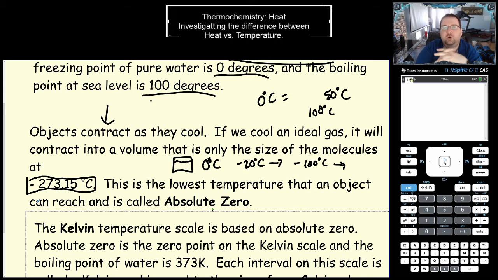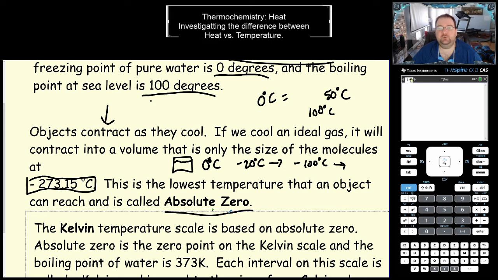They're so slow, they're no longer moving. That happens at absolute zero. At absolute zero, there is no movement of particles in solids, liquids, or gases. There's no energy left in the system.